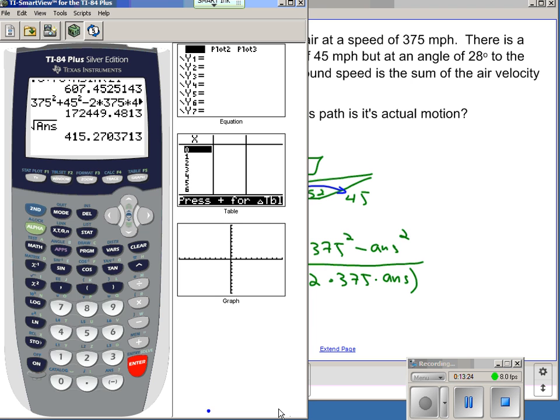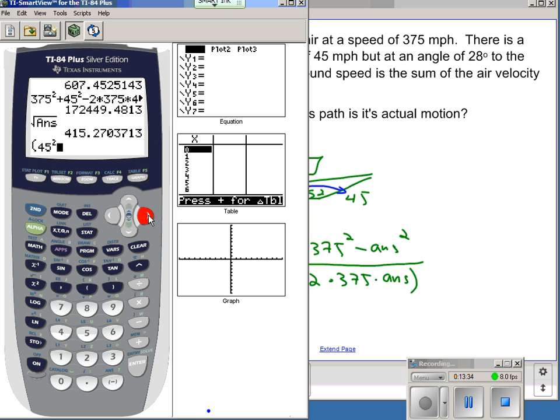We know that answer was, what was it? Oh, I can see it here, 415. So I'm going to use this, and parentheses are important. I want to take the whole top and divide by the entire bottom.